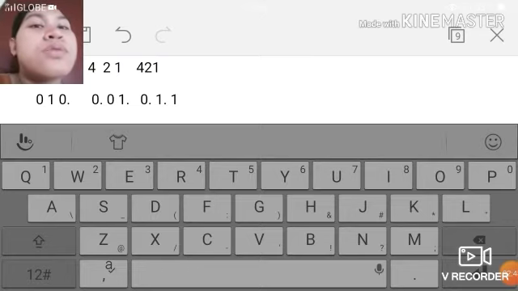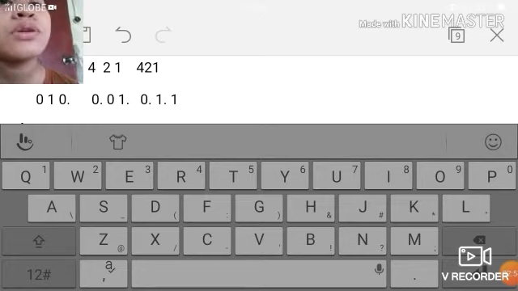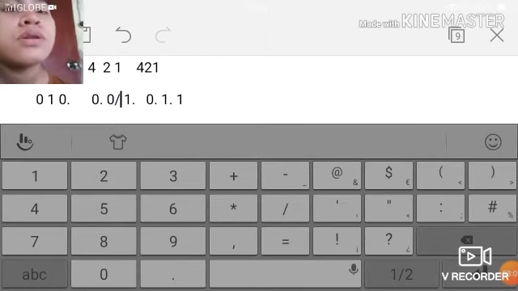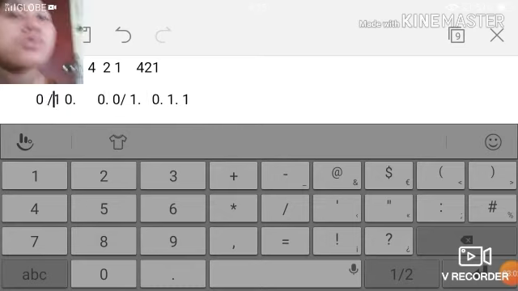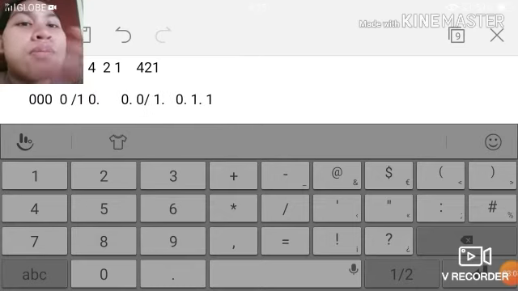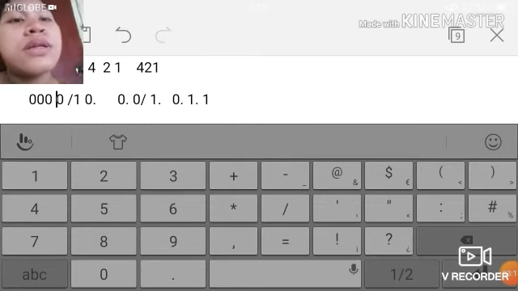Now we're going to convert it to hexadecimal, so we're going to cut it into 4 digits. We're going to add 3 zeros here just to complete the group.